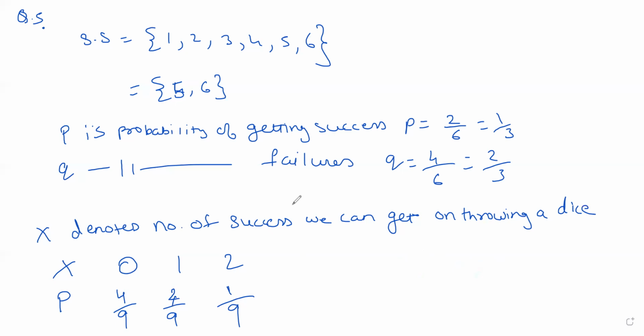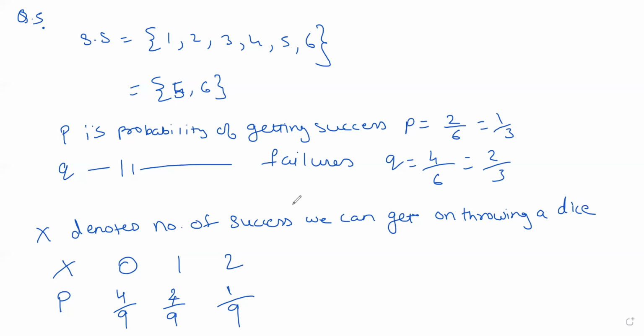I'll again repeat. Find the probability distribution of number of successes in two tosses of a dice if success is defined as getting a number greater than 4. So if a dice is thrown, we get 1, 2, 3, 4, 5, 6. If we want a number greater than 4, then we will get 5 or 6.